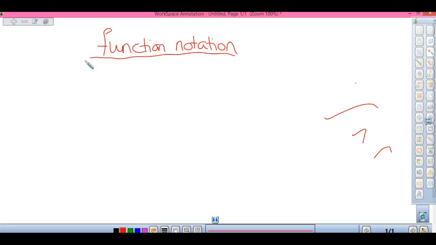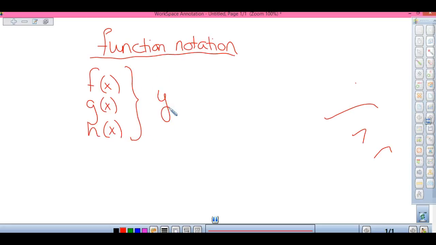What function notation is going to look like, you're going to see something funky like f of x, or g of x, or h of x. That's what it's going to look like. And all this is a fancy way of saying y.